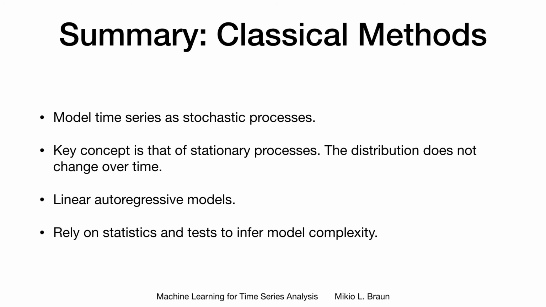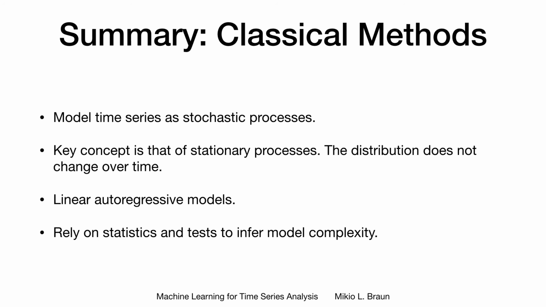All right. So this was a pretty long segment. Just to summarize: the classical approach is to model time series as stochastic processes. One key assumption often is that the process is stationary, which means that the distribution for one point, and also the joint distribution of two points a certain number of time steps apart, does not change over time.